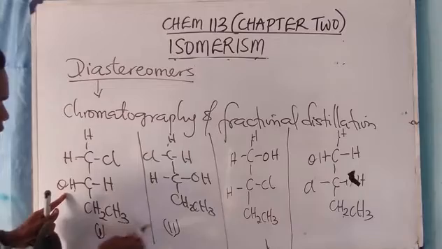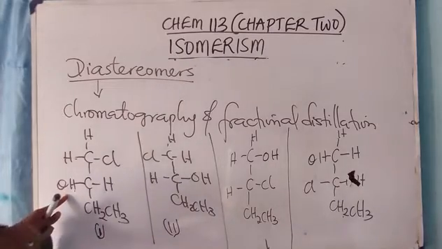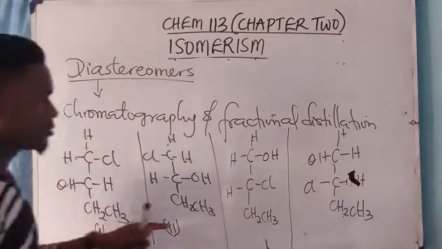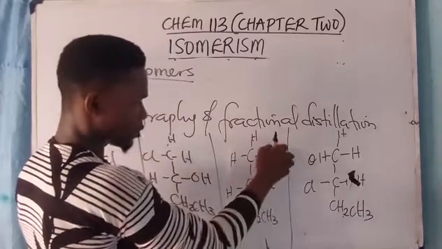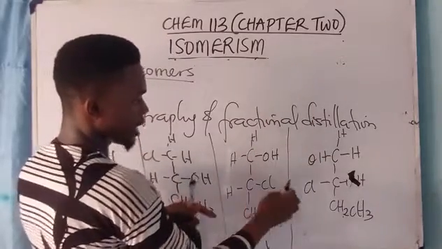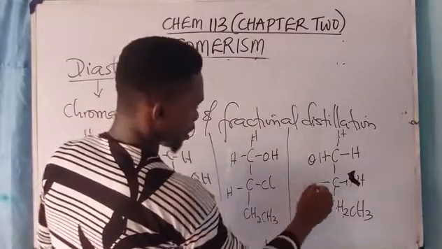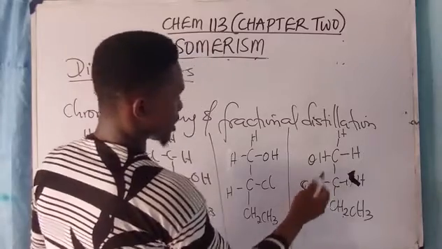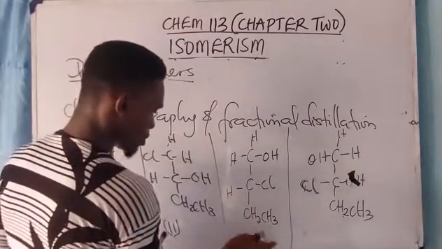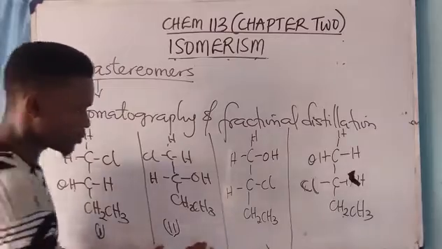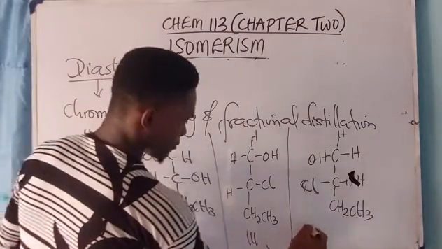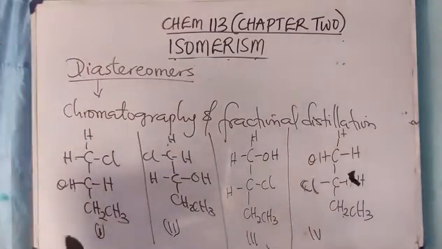Right. Which means that 1 and 2 are what? Enantiomers. Then 3 and 4 are what? Enantiomers. But something is wrong somewhere.